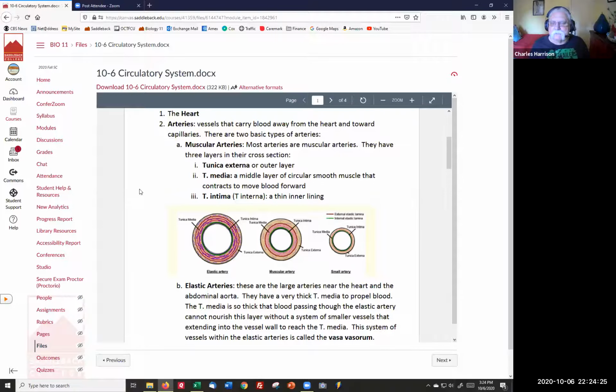The tunica media consists of smooth muscle, circular smooth muscle, and when it contracts, it helps move the blood forward. The outermost layer, find it about 4 o'clock on the middle diagram, is the tunica externa, or the outer layer.